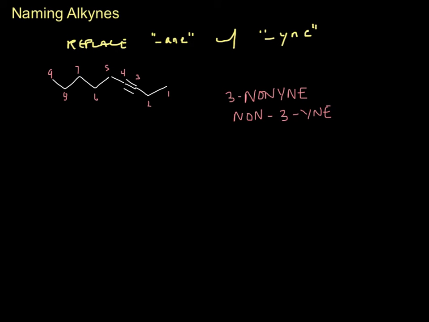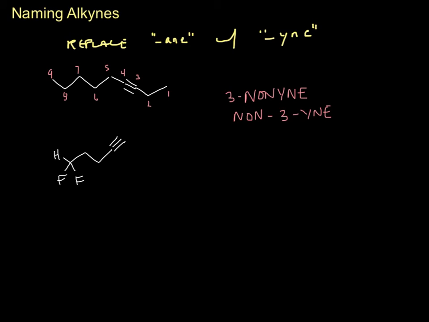Once again, the alkyne is going to be a higher priority functional group than any of the other little substituents that we've talked about. So if you had a molecule like this, and I'll put a couple fluorines at the end. Even though you have a number of substituents over on this side, we would want to start naming closest to the highest priority functional group, which is an alkyne at this point, compared to all of those substituents.